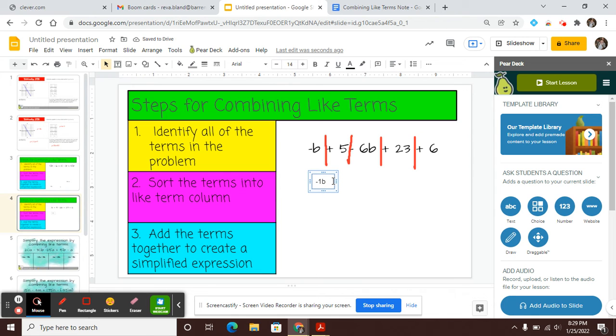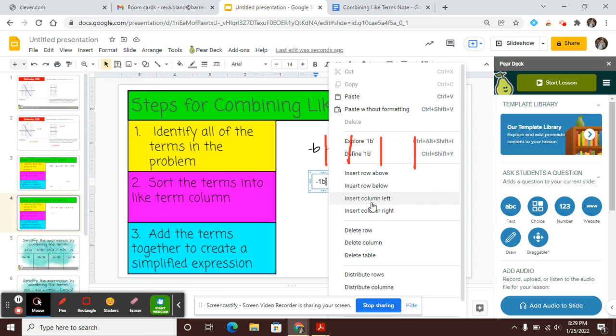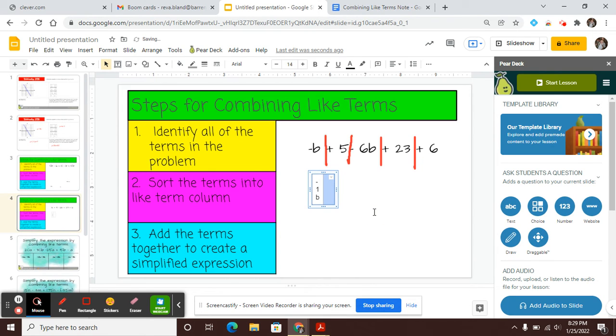Well, that's not like -b, so I'm going to have another column here. Now I have +5. I have -6b. Well, that's going to go in with b, so I'm going to have -6b. I've got +23. Well, that goes in here with the 5. So I'm going to put +23. Then I've got +6, which goes in that column right there.